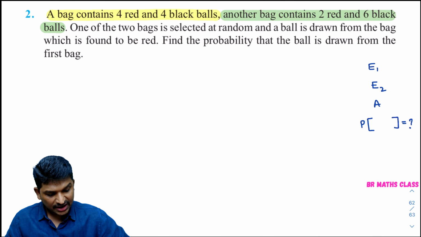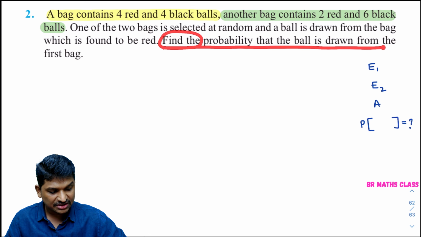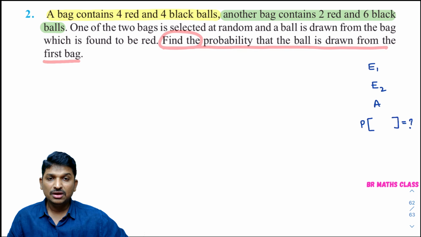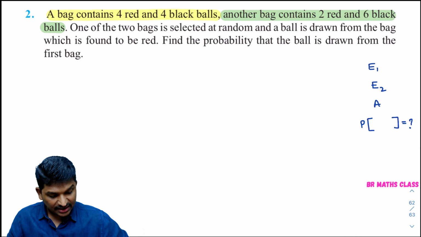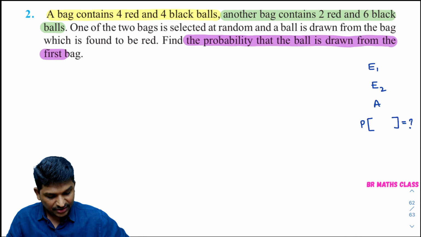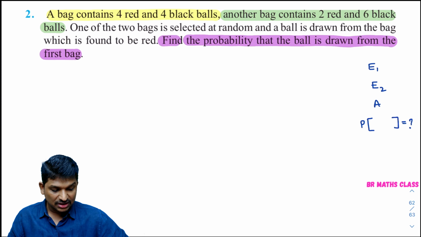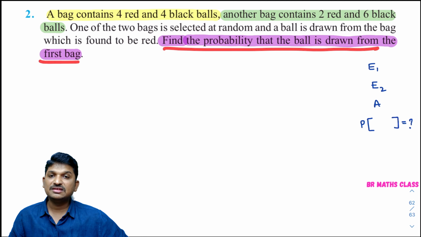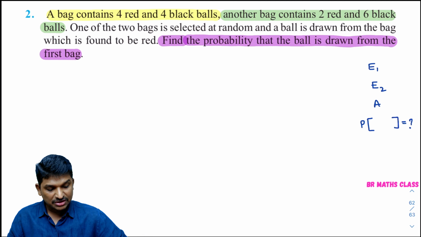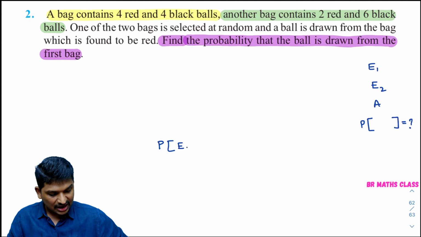Look here, find the probability that the ball is drawn from the first bag. What do we get from this? From this we can find out what the Eis are, because Bayes theorem is all about calculating the probability of Ei by A.